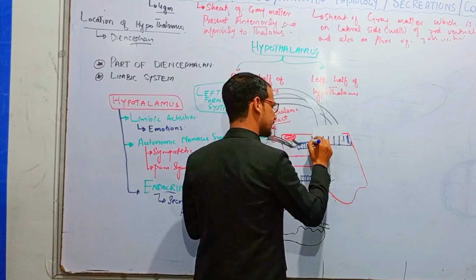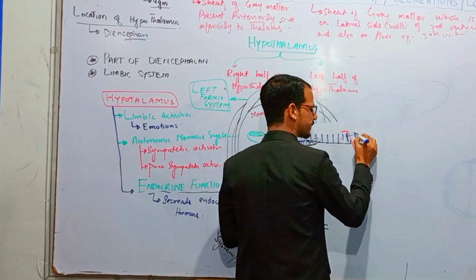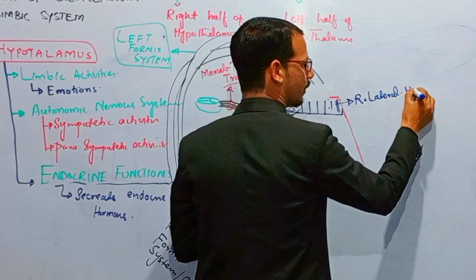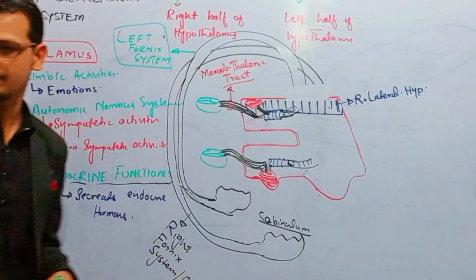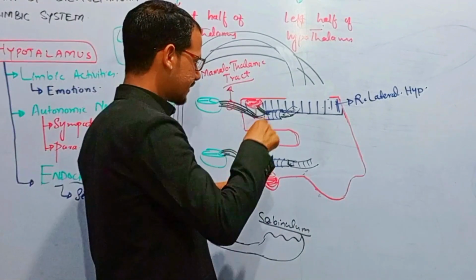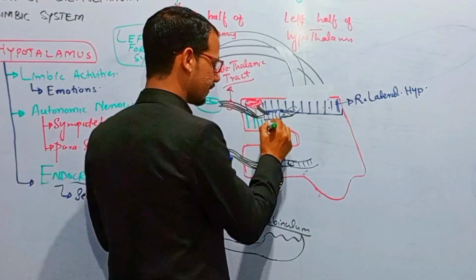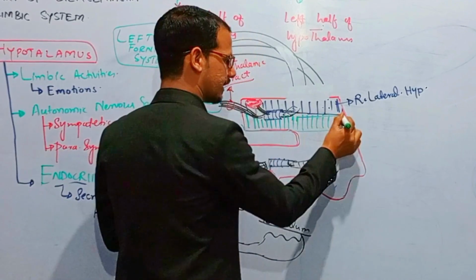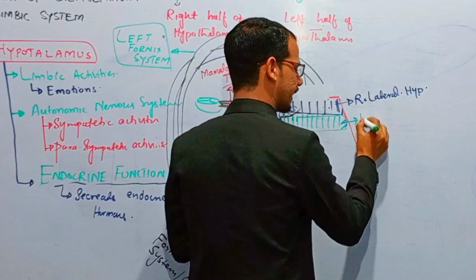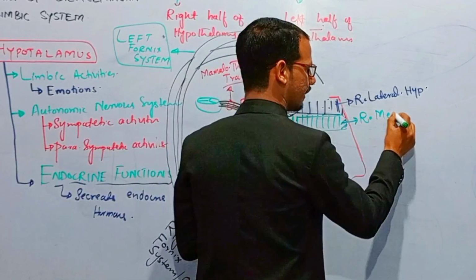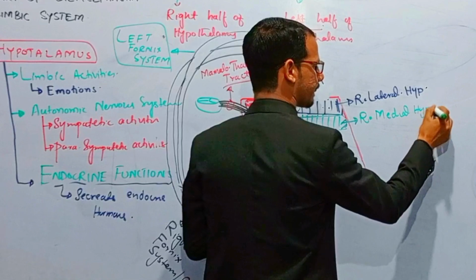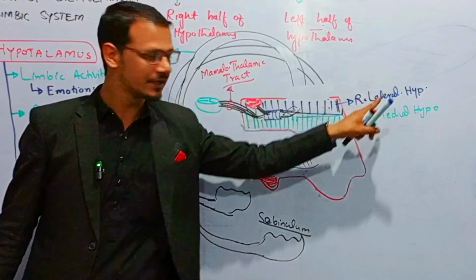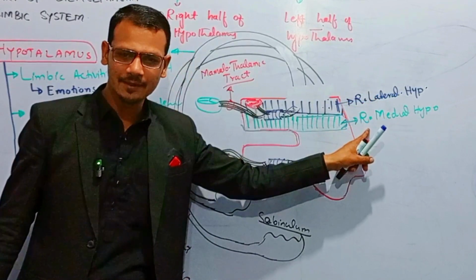This area is the right lateral hypothalamus, right? Here I am shading this area in green. This green area is called the right medial hypothalamus, right?